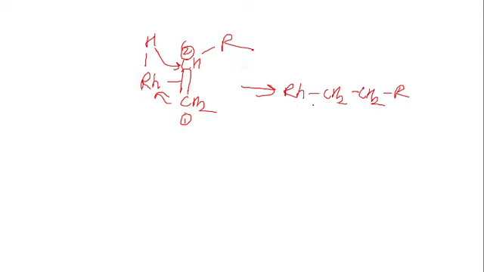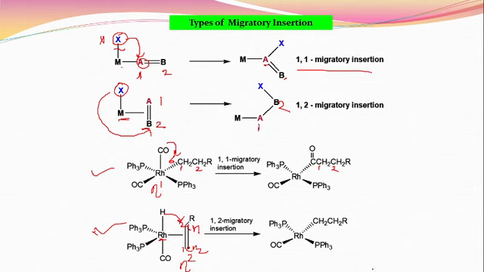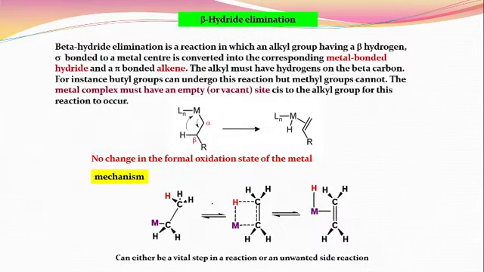Like this, this type of insertion is called a 1,2 migratory insertion. You can see here there is a formation of CH2R. That means this migrating group is attached to the second carbon, and that is called a 1,2 migratory insertion. This is about the migratory insertion.